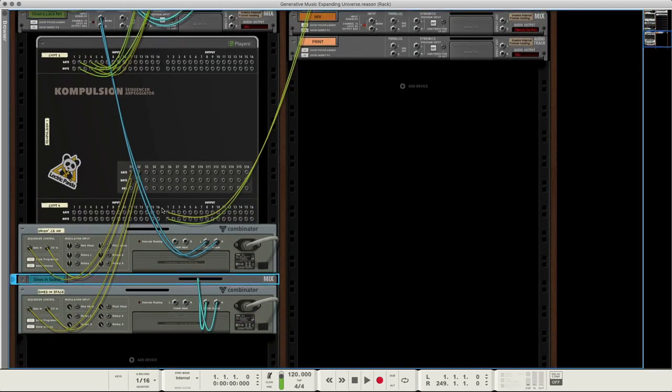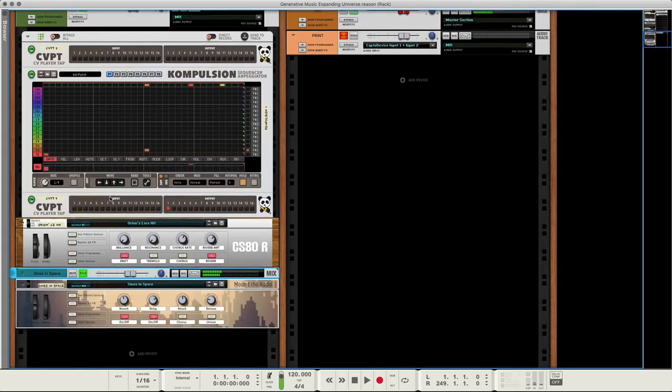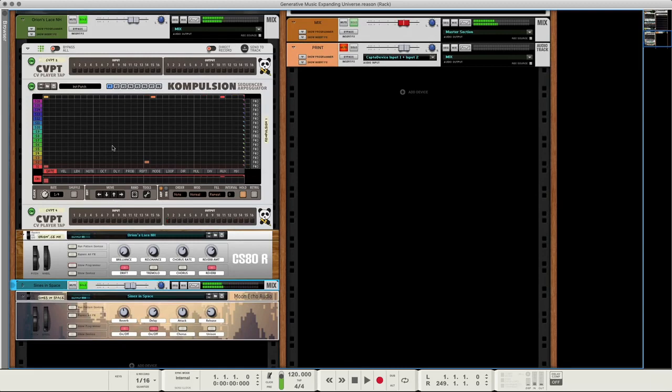Now you can see that different sequences are going to different devices. The Orion's synthesizer is going to sequencer 1, and the Signs in Space synthesizer is going to sequencer 2, or rather the other way around. They're running at the same rate, but the difference is that they're holding at different times.